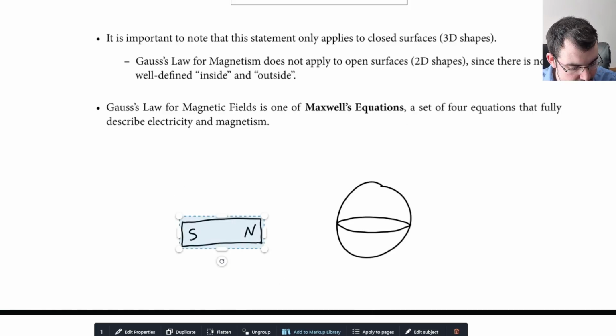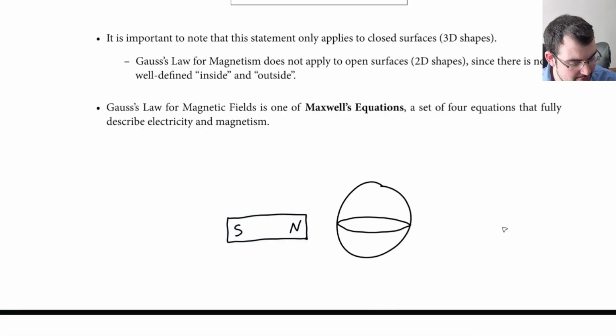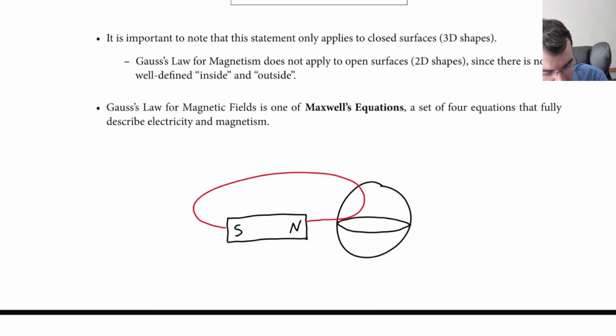Maybe we'll scoot this bar magnet a bit closer so I don't have to draw some crazy field lines. Notice that if I draw a field line that enters this sphere, we know it can't just hang out in the sphere, because we know that these field lines form closed loops. So because it forms a closed loop, we know it's got to pop out. So notice that the field line entered the sphere, but it also left.